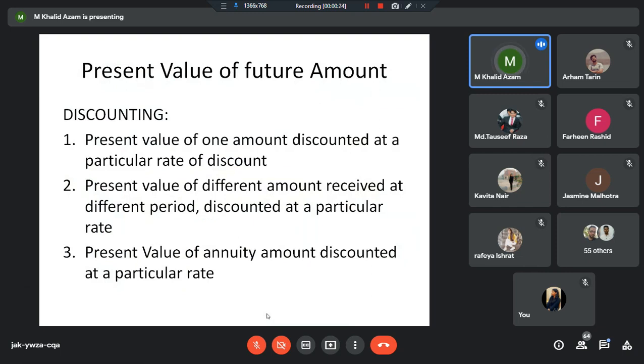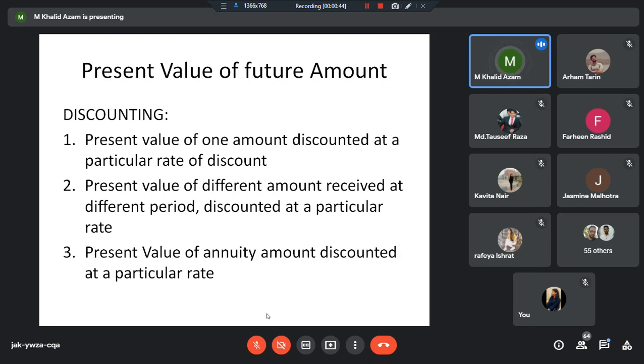We will continue with the same topic, the present value of the future amount. The amount whatever you are receiving in future, what is its present value? We have to calculate that. And we have already discussed under what conditions we use this.